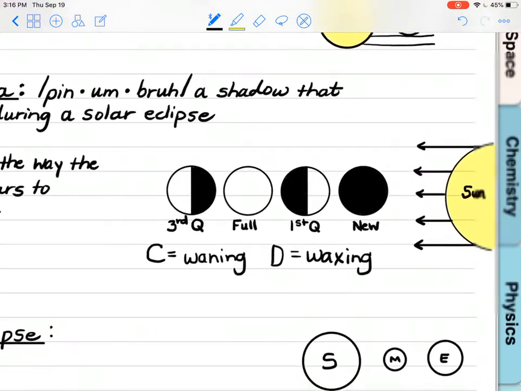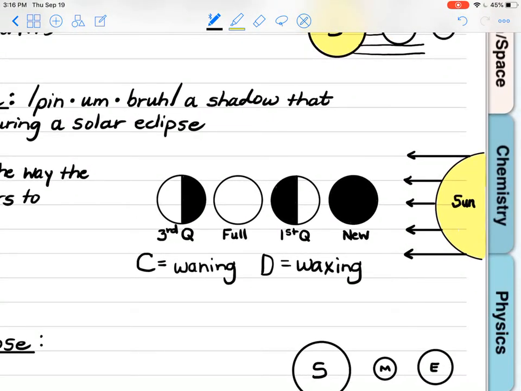And here are the 4 major phases of the moon. A new moon, that's this one, is completely dark. So if I go outside and there is no moon at all, it doesn't mean that the moon is gone. It just means I can't see it.